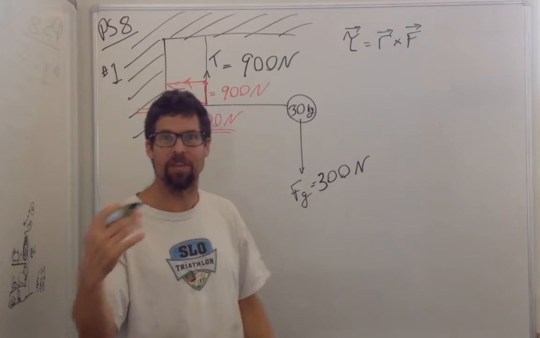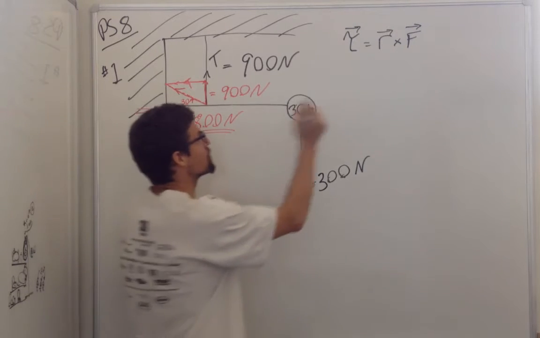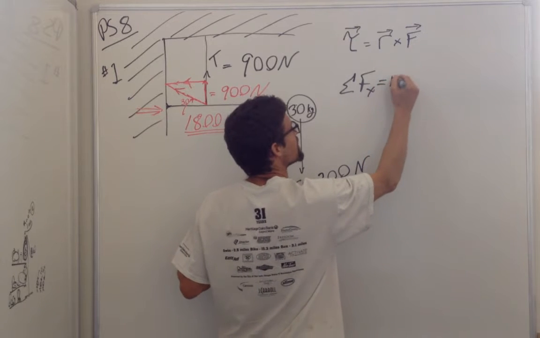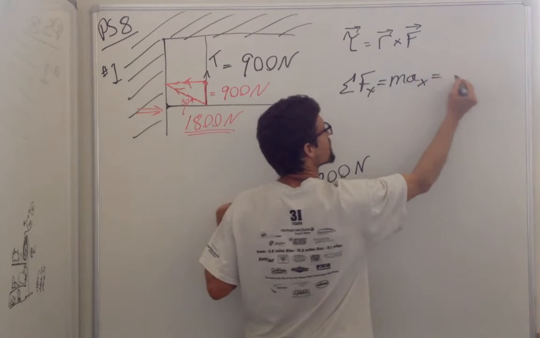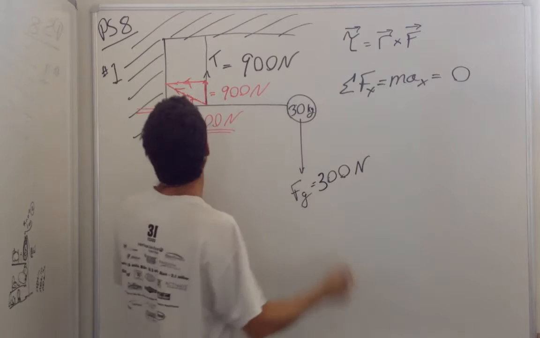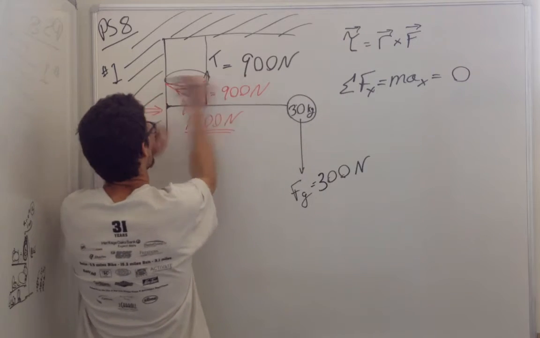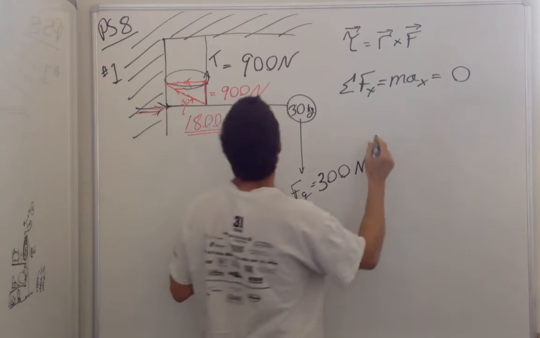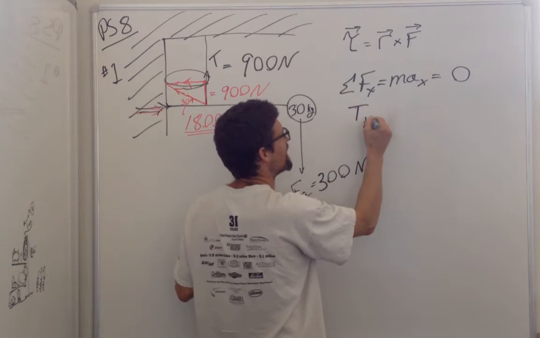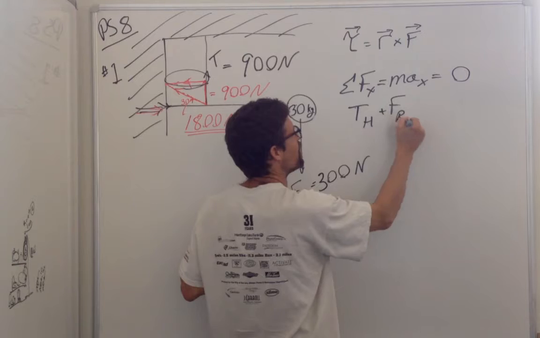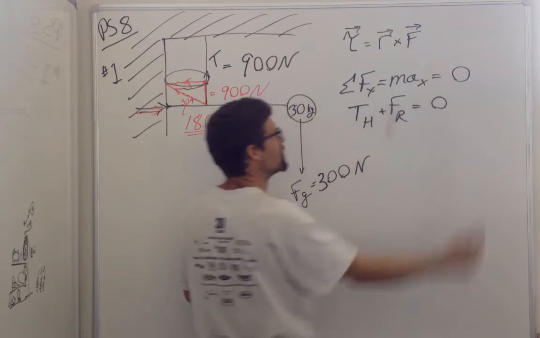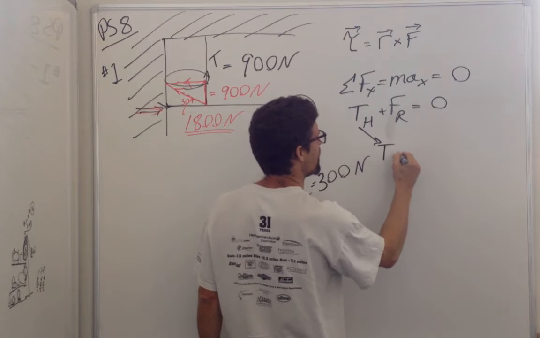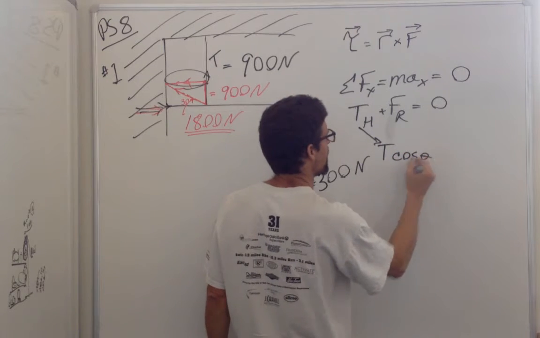You just have to look at your equilibrium equation in the x direction. The vector sum of the forces in the x direction has to equal mass times acceleration in the x direction equals 0. And so this force pulling this way must be equal to this force pushing out. So the horizontal component of tension plus the reactive force at the pivot must equal 0. And the horizontal component is just tension cosine theta.